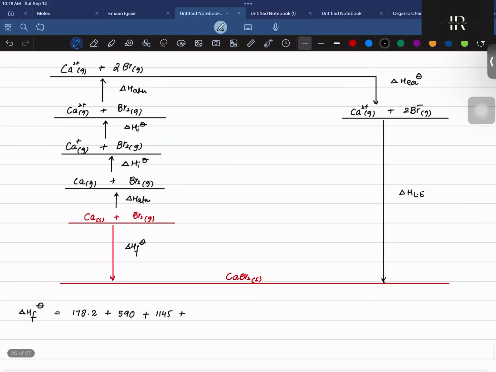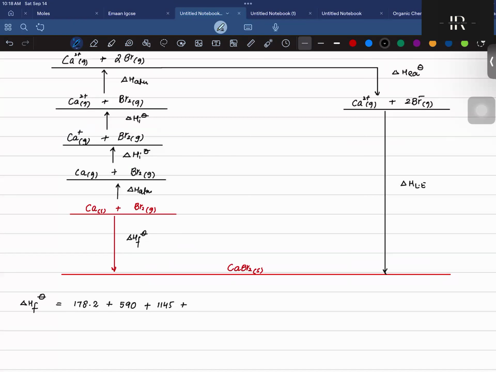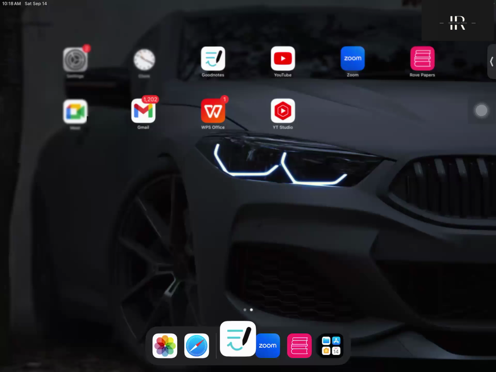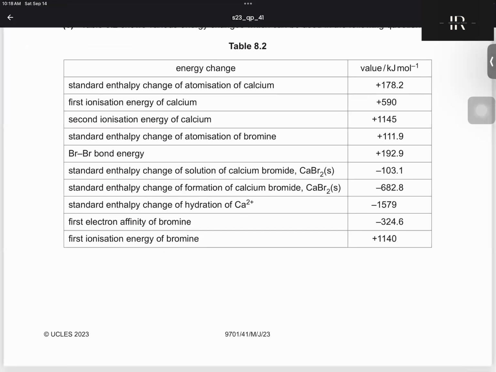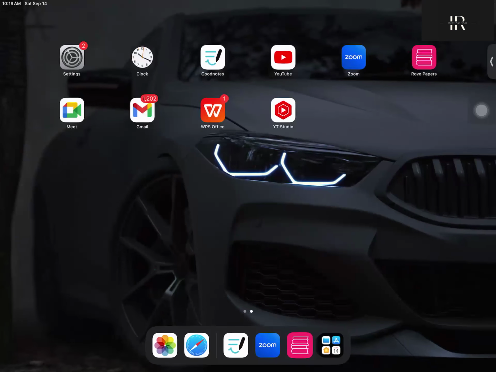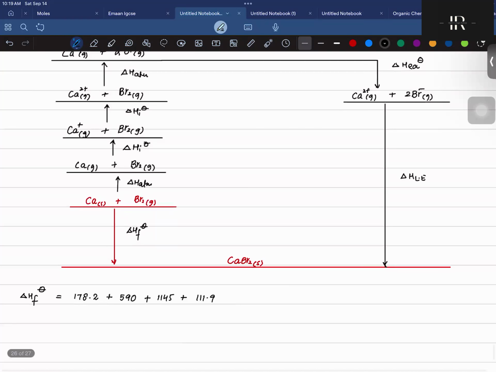Then atomization of bromine, because I have atomized bromine. So what's the energy? Atomization of bromine is 111.9.